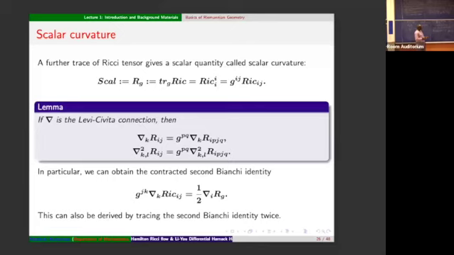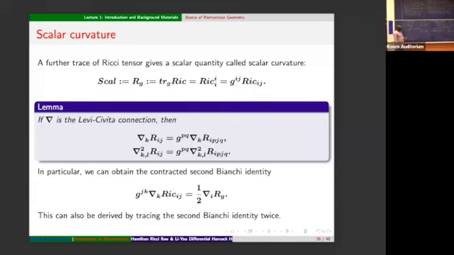Then the second order quantity here, it can be expressed as this. Okay, and you have the contracted second Bianchi identity. If you do the tracing on the second Bianchi identity, you have this, which says the divergence of the Ricci tensor is half the gradient of the scalar curvature.